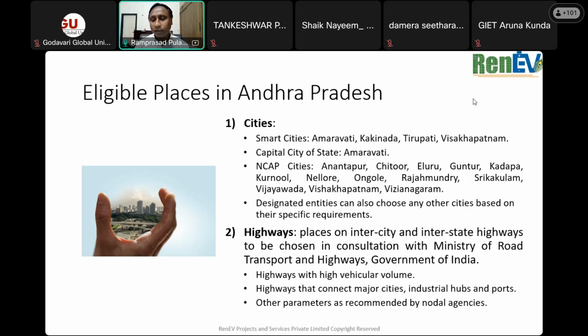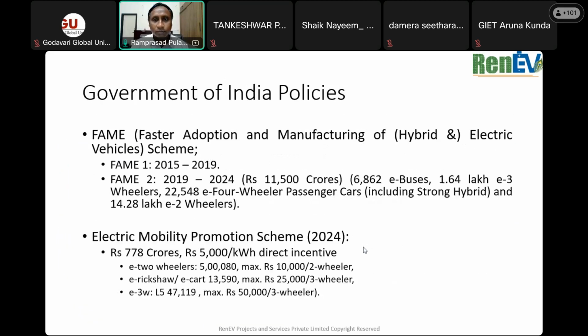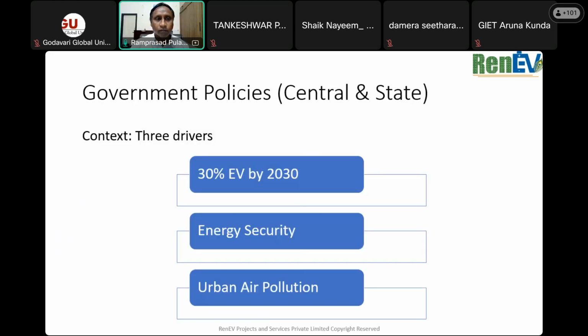So actually, when we talk about this, let me come to the first slide. What they are saying here is that the Government of India is targeting, optimistically, 30% EV by 2030. What is not shown in this slide is that the Government of India by 2030 wants 50% of its capacity from renewable sources.